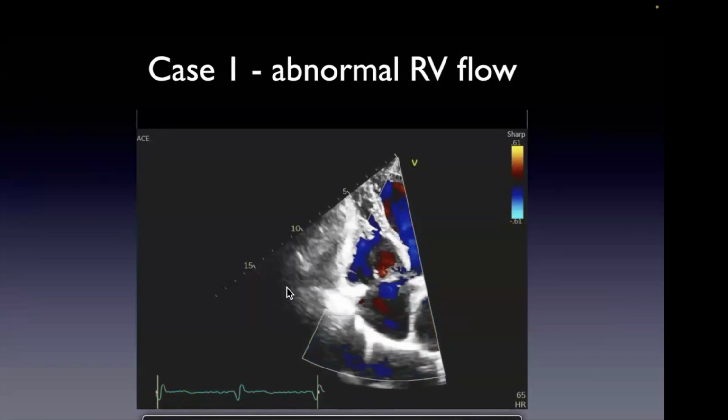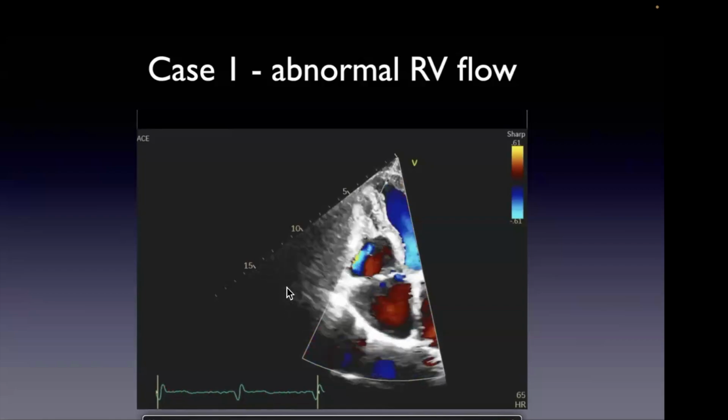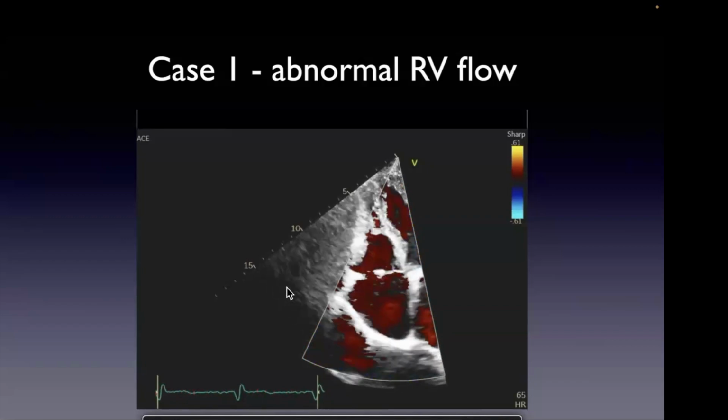So what could this be? If the sonographer is scanning and they're seeing this, what are they thinking? What are the possibilities? There's some obstruction. Obstruction where? Mid RV. Okay, mid RV obstruction, kind of similar to how we get mid LV cavity obstruction in hyperdynamic LVs.